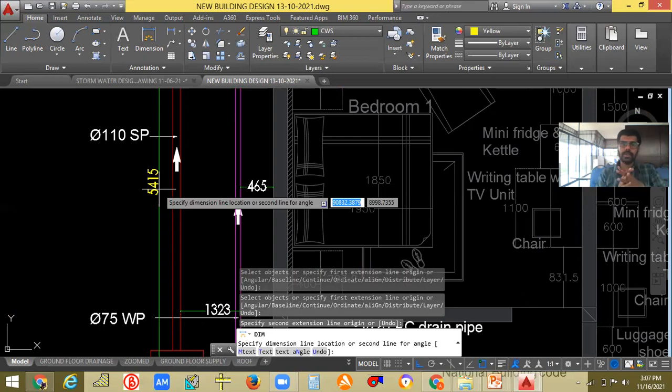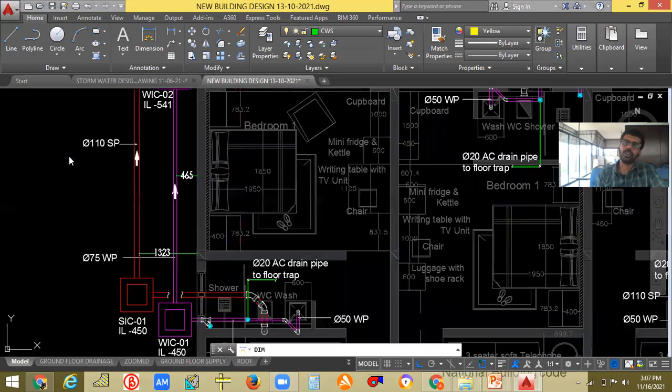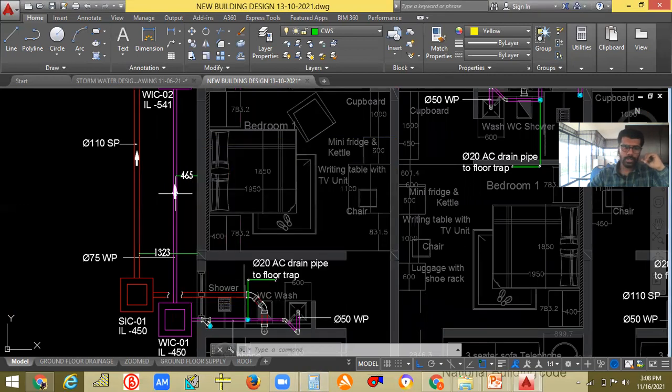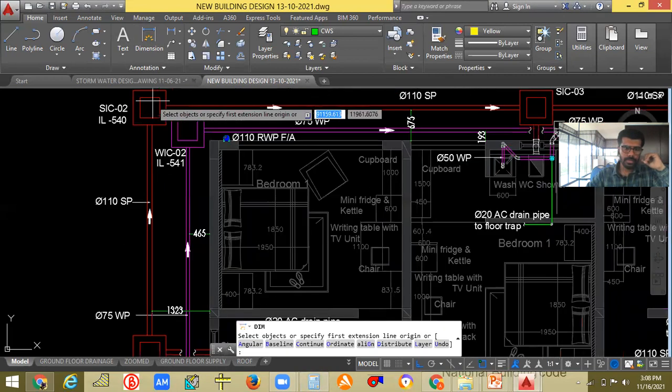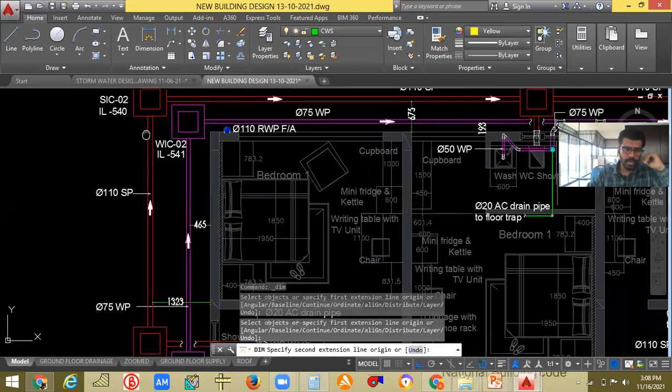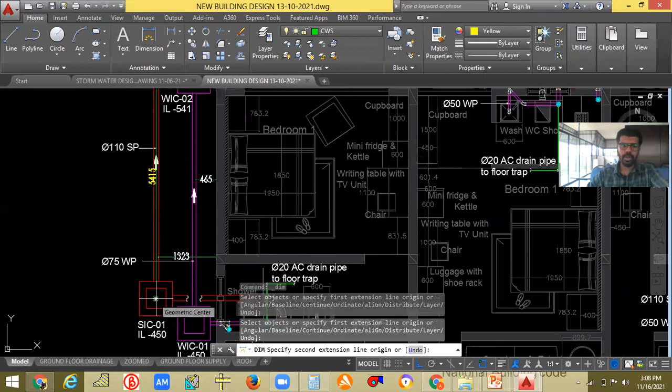And in order to find the invert level between the first chamber and the other chamber, you need the length between the two inspection chambers. So you got 514 something, correct? But it was 5415.